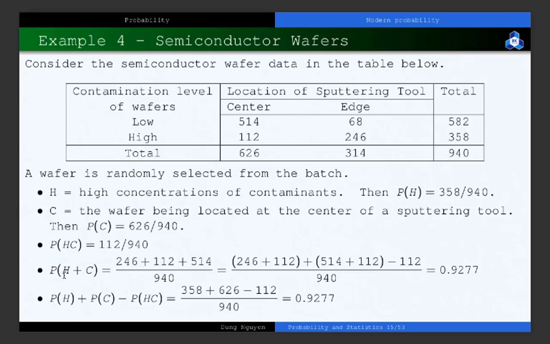So you will see that the probability of H plus C is the probability of H plus the probability of C minus the probability of HC.